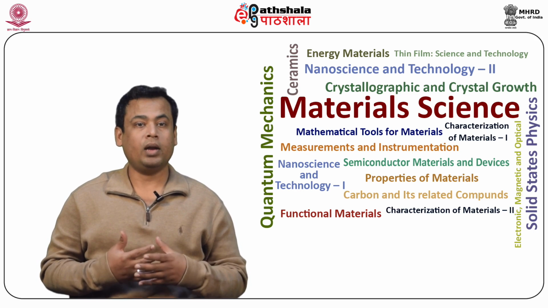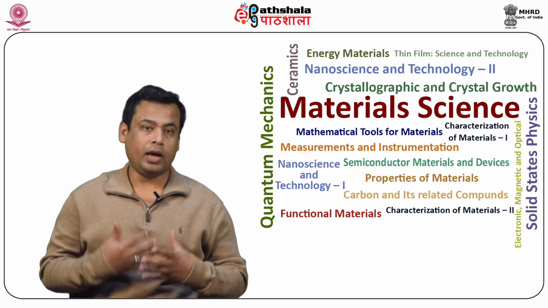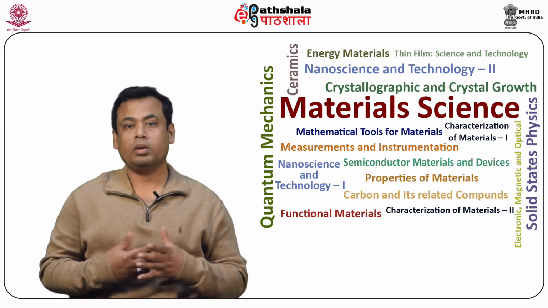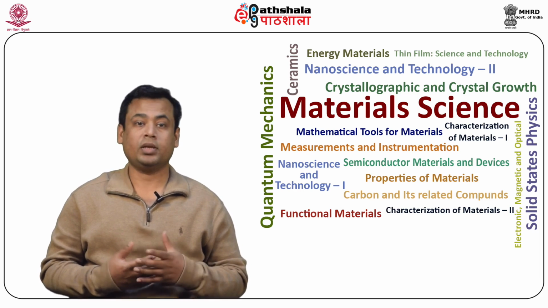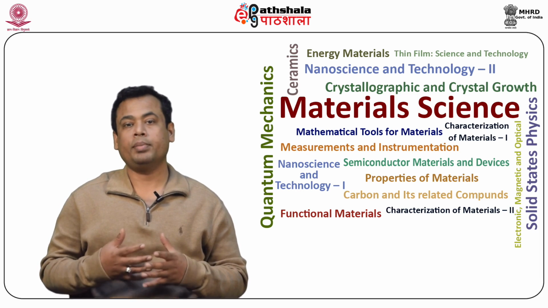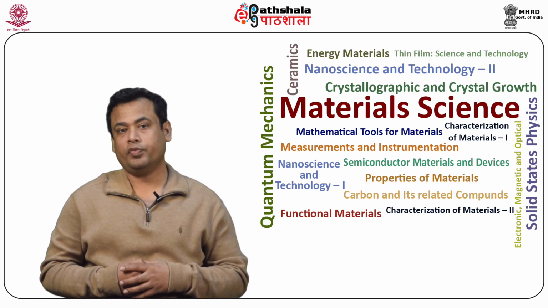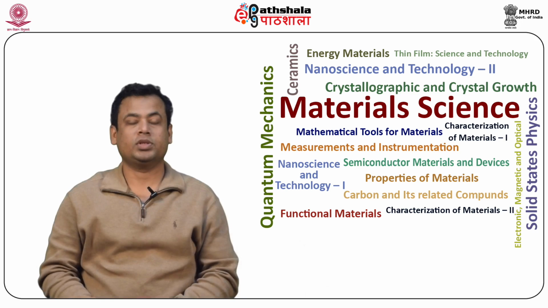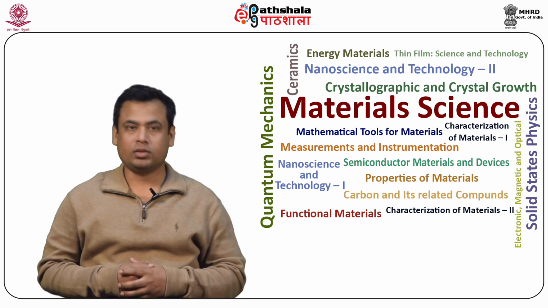Both K alpha of aluminum and magnesium exhibit line widths less than 1 electron volt and also have sufficient energies for photoelectron excitation.